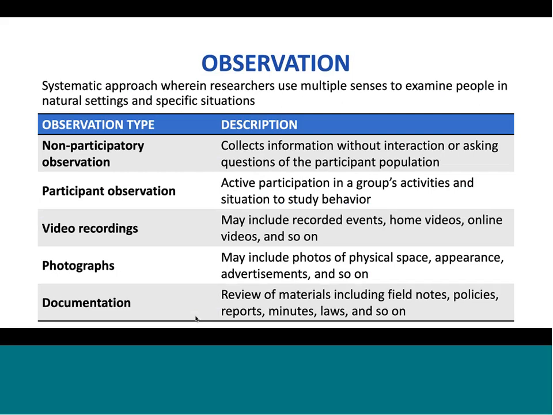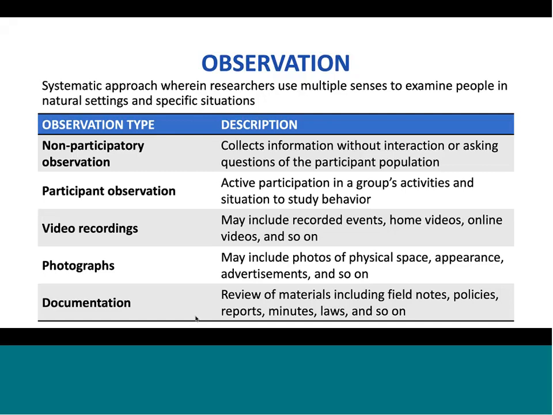First, there's non-participatory observation, and this is when the researcher or researchers collect information, but without interacting or asking questions of the participant population. So this is akin to the term being a fly on the wall.